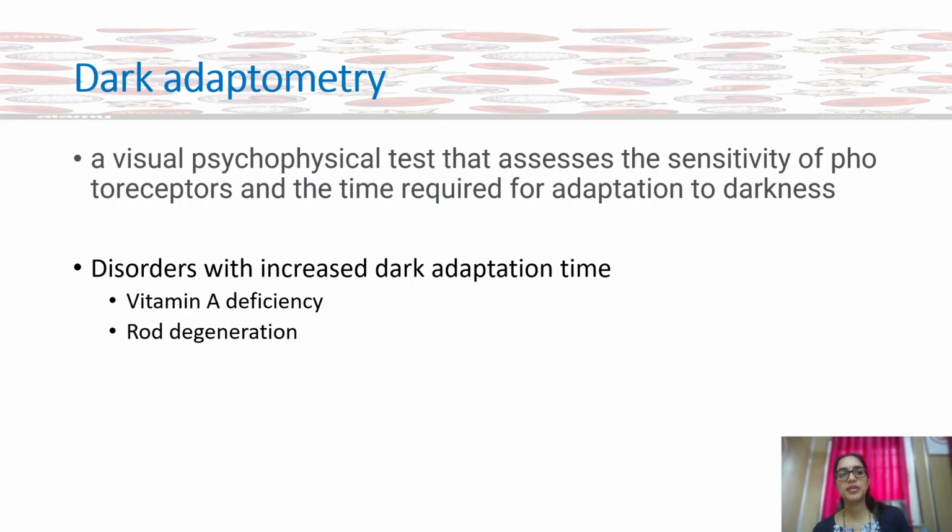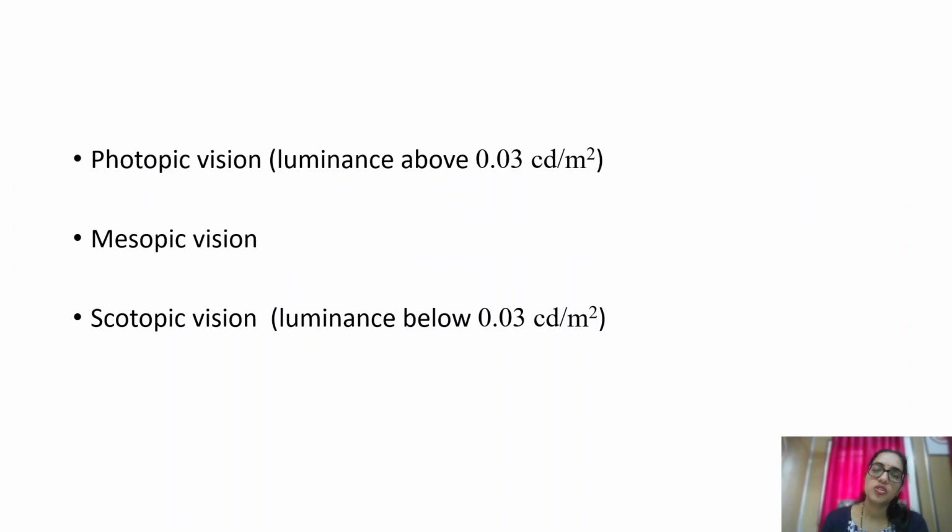So dark adaptometry is a visual psychophysical test that assesses the sensitivity of the photoreceptors and the time required for the adaptation to darkness. So increased dark adaptation time is seen in vitamin A deficiency and rod degeneration. Based on this, you can understand that we have photopic vision, which is vision in bright light.